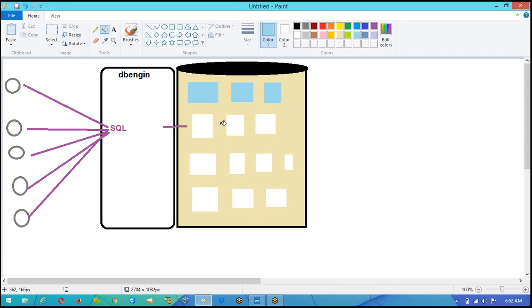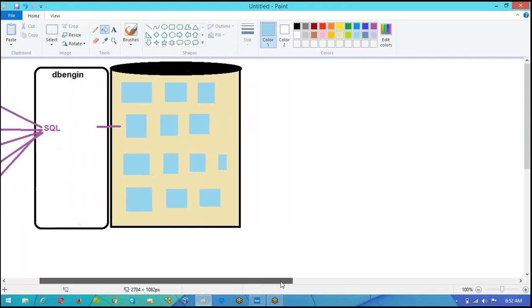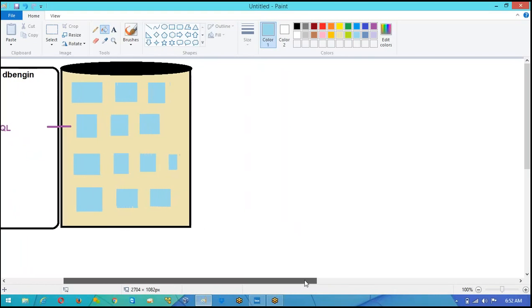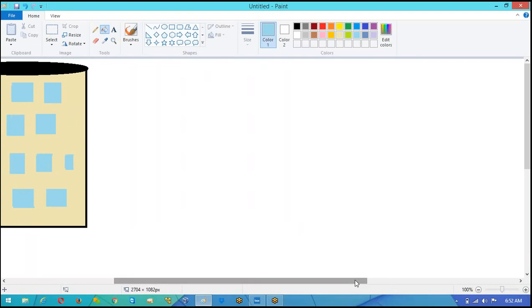But this also must store data in the disk. So at the disk level, data storage and organization is different. Please try to understand what happens in the operating system level, in the disk level.